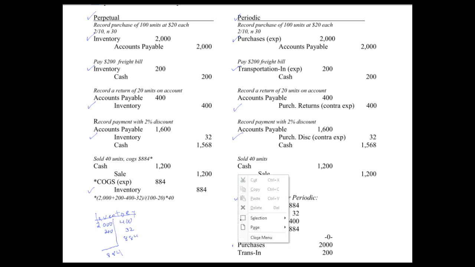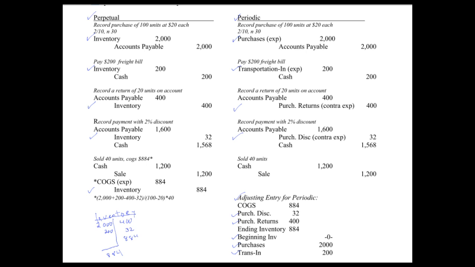I'll do it in the order that accounts happen. First we had a purchase, so we removed that. Then we had transportation in, we zero that. Then we had a purchase return, so we zero that, and a purchase discount and zero that. We had no beginning inventory, but I put the number here so you can see what it would look like. But we did have ending inventory that was $884 worth.